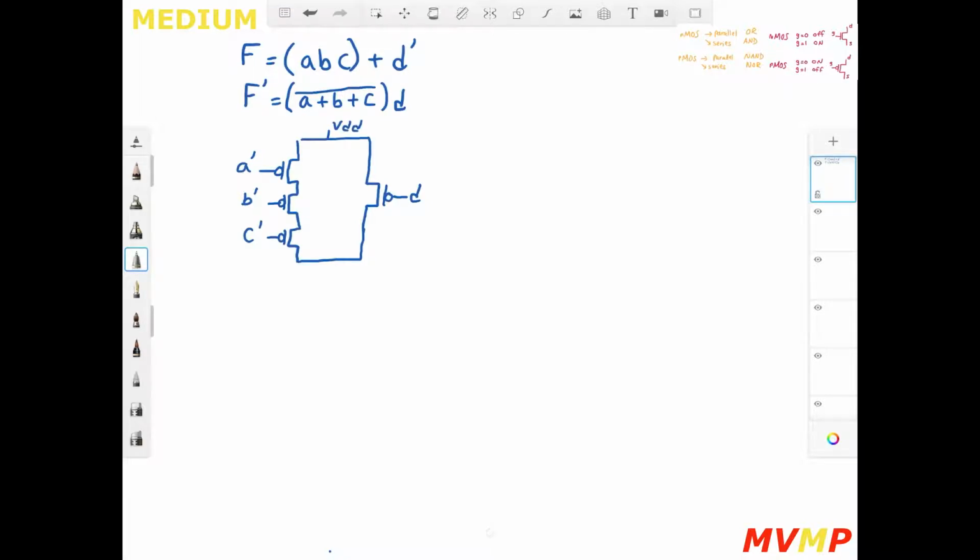Now this is for your pull-up network, and now when you go ahead to do the pull-down network, it's just going to be the opposite. Since the D was in parallel, now it's going to be in series. And since your A, B, and C were in series, now all those three will be in parallel.